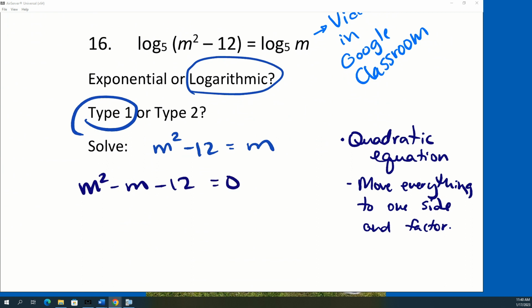So what I did is I moved the m over. I did write it in descending order. And because m is positive on the right side, it's going to be negative on the left side.